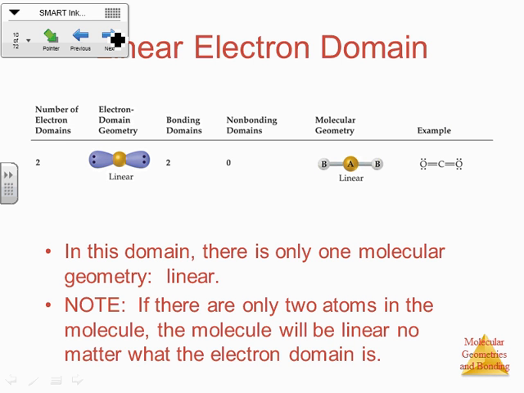So something like HF, or CO, carbon monoxide, anything like that, it's going to be linear. It can't be anything but linear, because you've got 1 bond there, and it's going to be a straight line. So we don't really even think about those that much, because when you have just 2 atoms in the molecule, it's going to be linear.